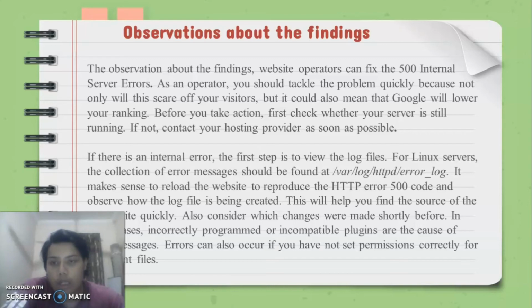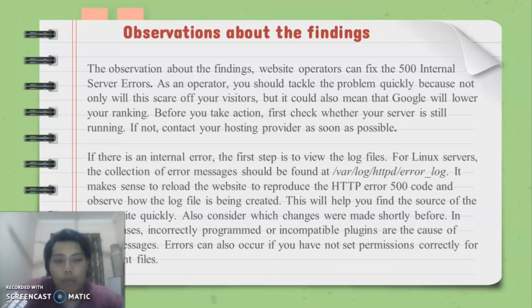If there is an internal error, the first step is to view the log files. For Linux servers, the collection of error messages can be found at var/log/httpd/error_log. It makes sense to reload the website to reproduce the HTTP error 500 code and observe how the log file is being created.